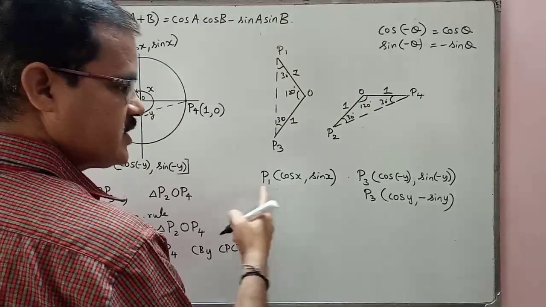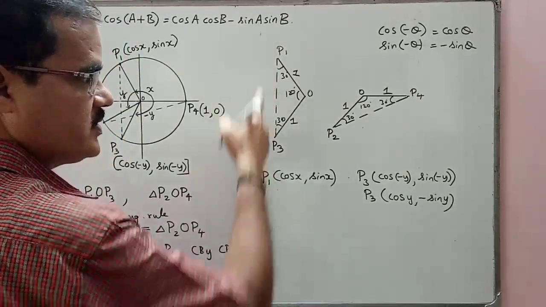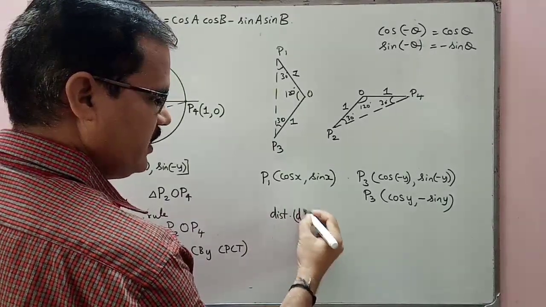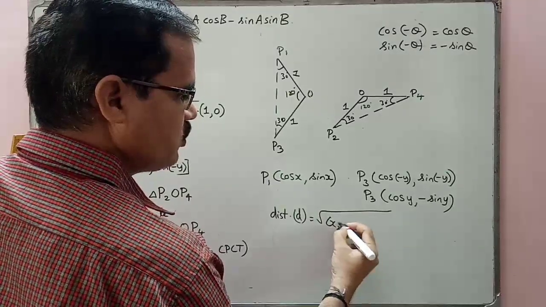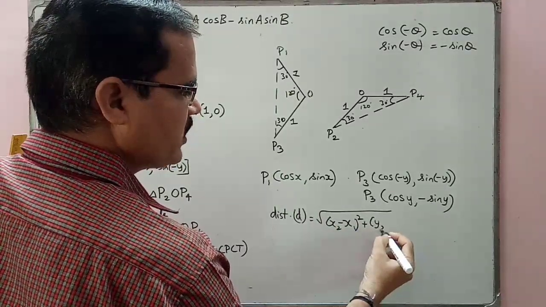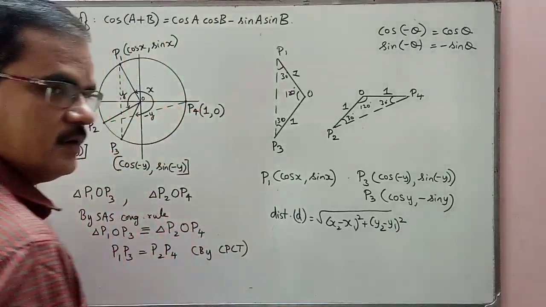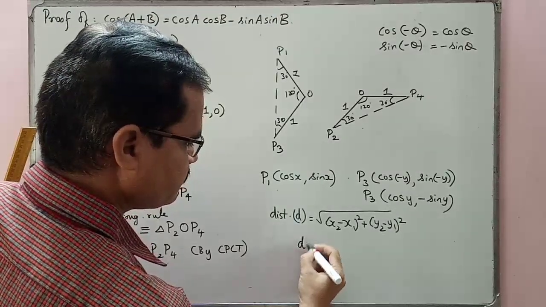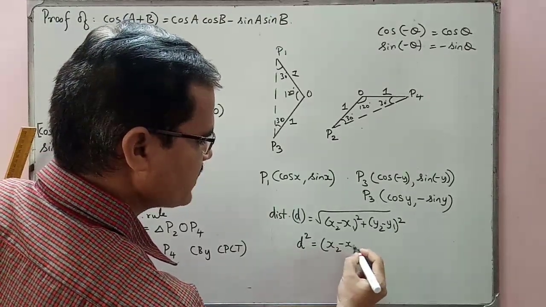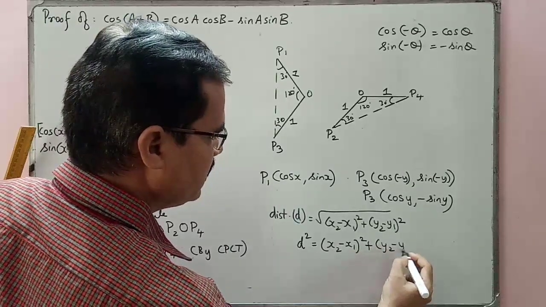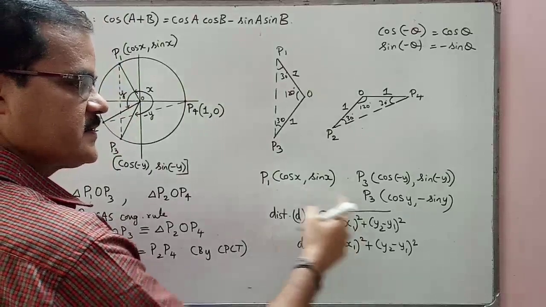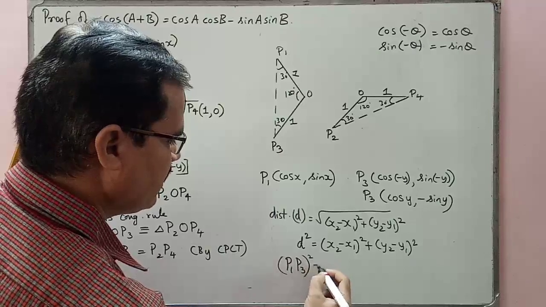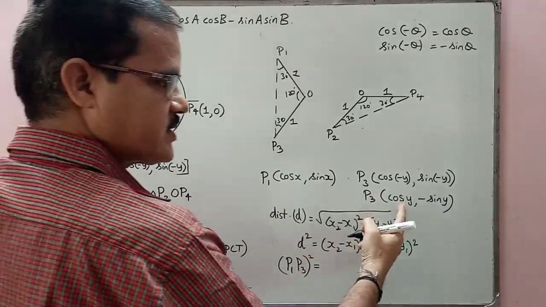Now we are trying to find the distance between P1 and P3. So what is the distance formula? Distance D is equal to root of x2 minus x1 the whole square plus y2 minus y1 the whole square. Okay children, the same thing I am going to apply here. If this is d squared, then I can remove the square root: x2 minus x1 the whole square plus y2 minus y1 the whole square. So I can write P1 P3 squared is equal to, this is x1 y1, this is x2 y2.